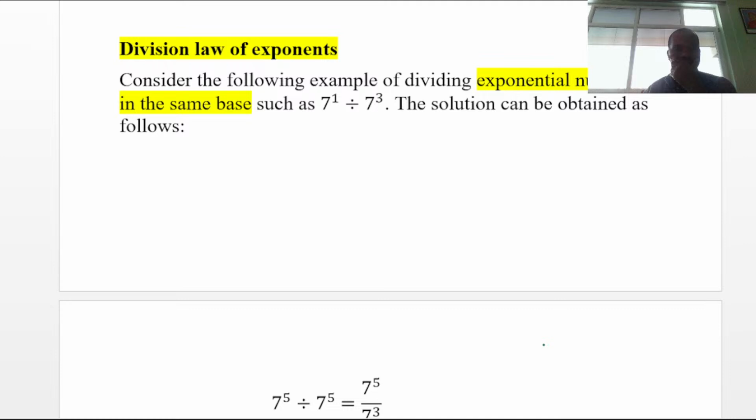Now consider the following example of dividing exponential numbers in the same base, such that we have 7 power 1 divided by 7 power 3. I will change this one to be 7 power 5 here, because I want to get the positive number first. By the way, it was 7 power 5.